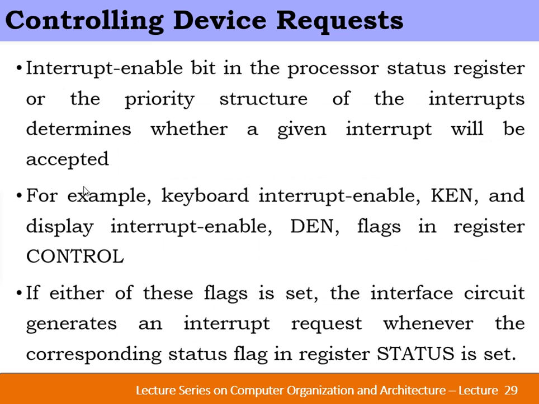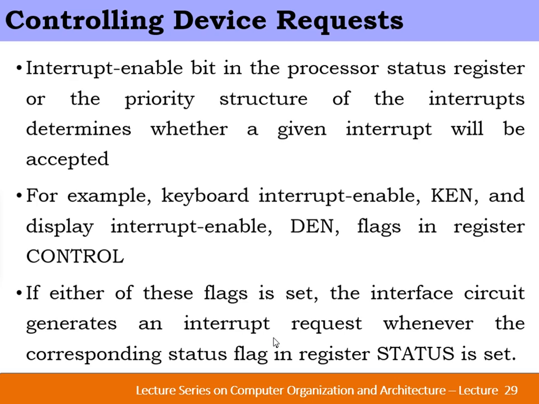Here we are considering the keyboard interrupt enable KEN and display interrupt enable DEN flags in the control register. If either of these flags is set, then the interface circuits generate an interrupt request.